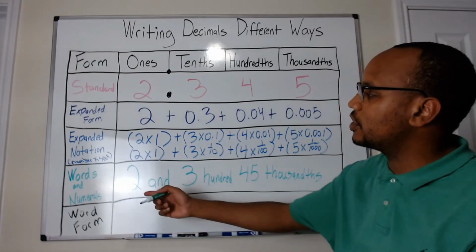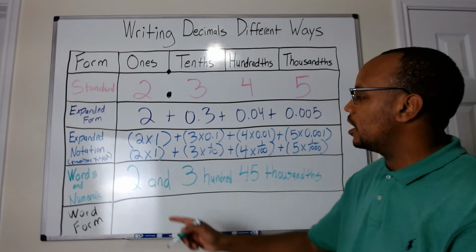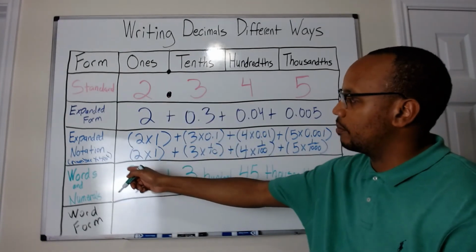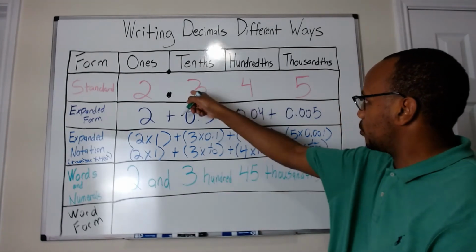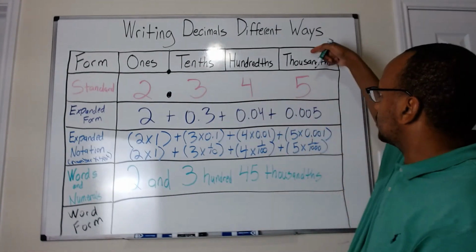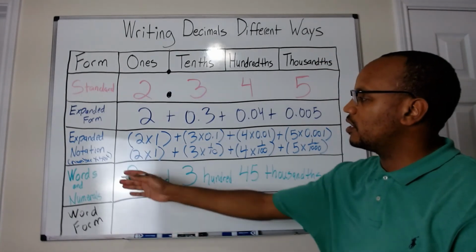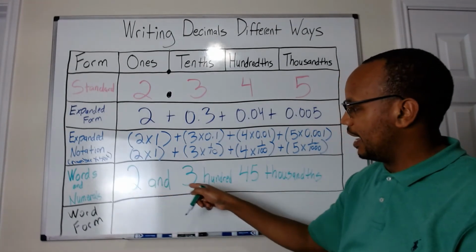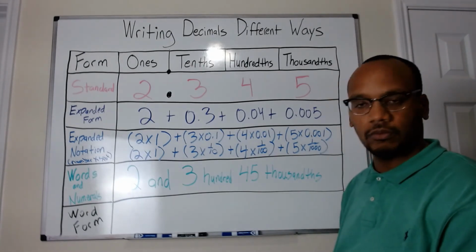It's just a combination of words and numbers, right? And is the decimal point. The 2 is in front of it, so the number 2 is in front of it. 345 and the spot of the last digit is the thousandths place. All right. Excuse me for the glare from my light, but this is the 2. 2 and 345 thousandths.